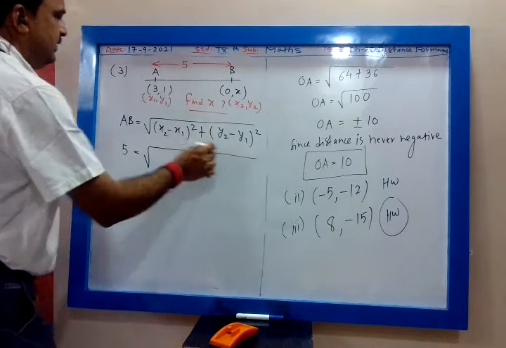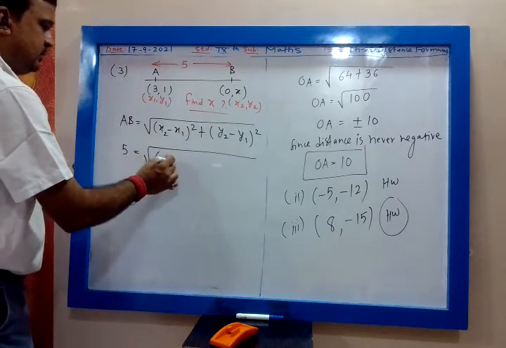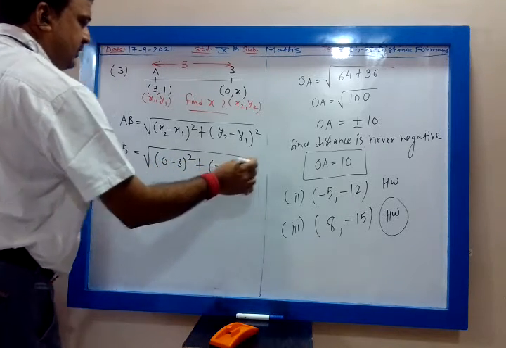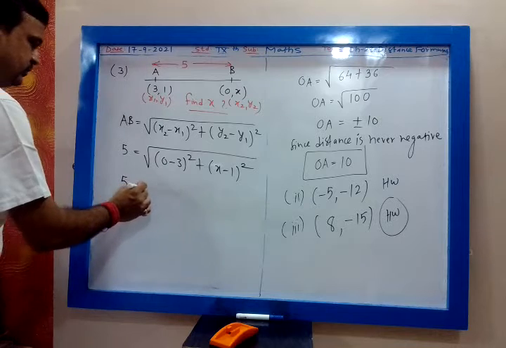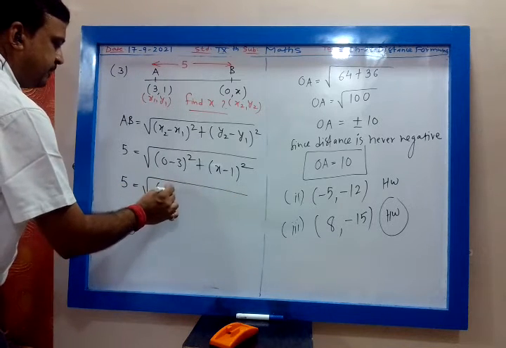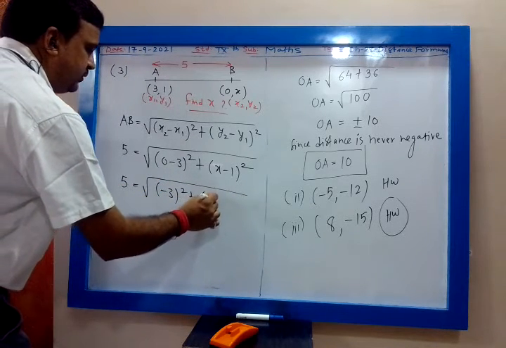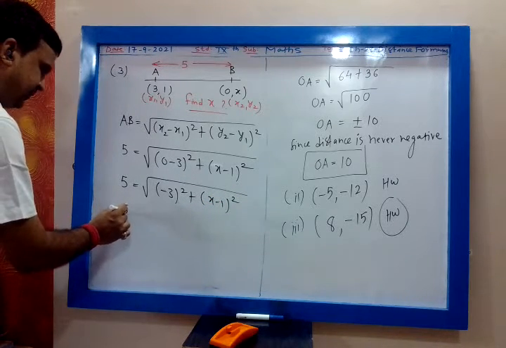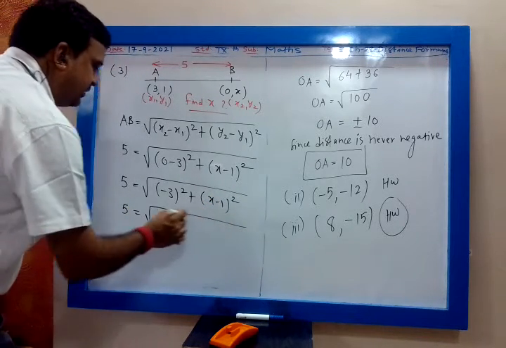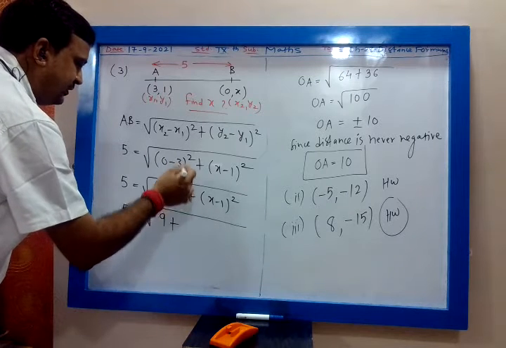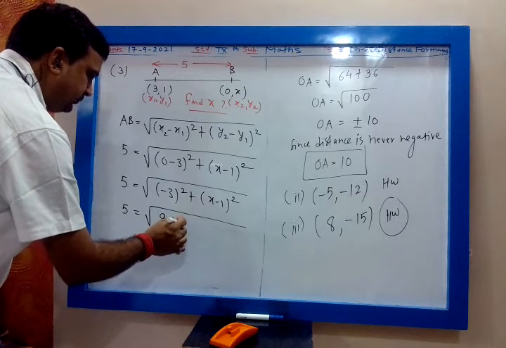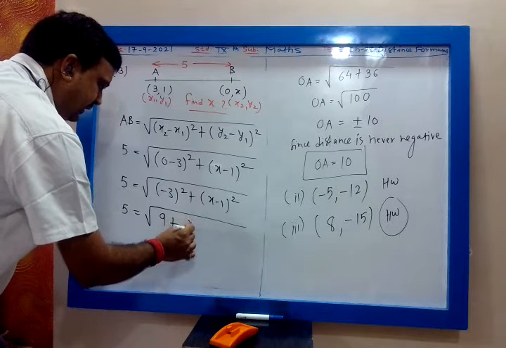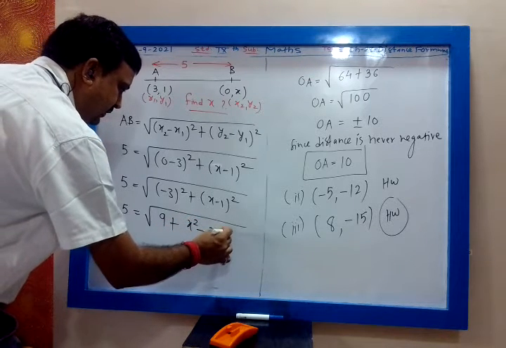5 is equal to square root of 0 minus 3 square plus x minus 1 square. So 5 is equal to square root of minus 3 square, which is 9, plus x minus 1 whole square. x minus 1 whole square is x square minus 2x plus 1.